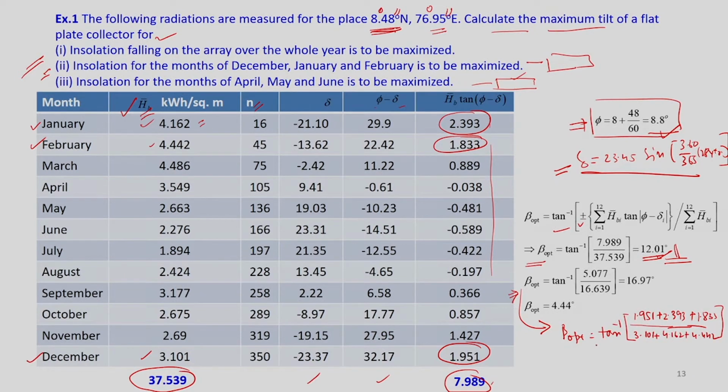If we do the calculation, then this optimum value will be 12.01 degree.